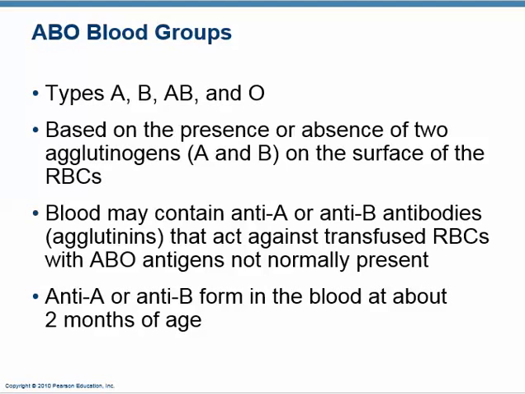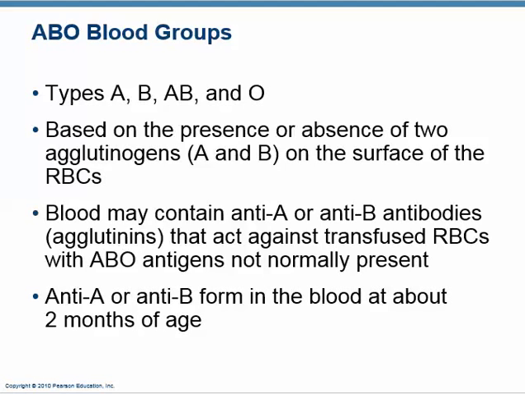One is A, and the other one is B. If you have the A antigen and you don't have the B antigen, you make anti-B antibodies. If you have the B antigen and don't have the A, you make anti-A antibodies. You don't make antibodies against the type that you have. You make them against the type that you don't have.